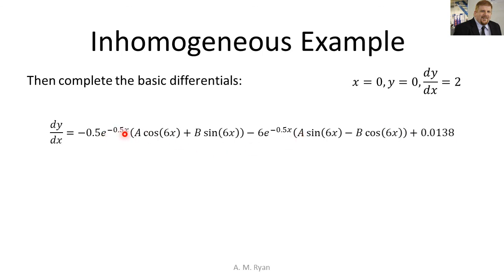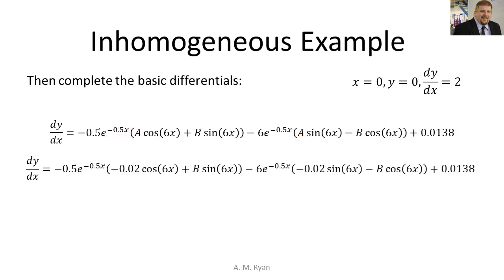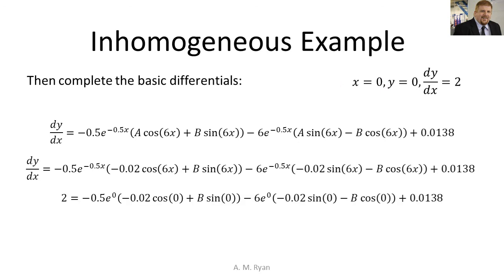Now I know what a is because we worked that out earlier on, so I can put my value of a in, and now all I need to do is work out what b is based on what's happening here. So dy dx is 2, x is 0, so we plug those in.